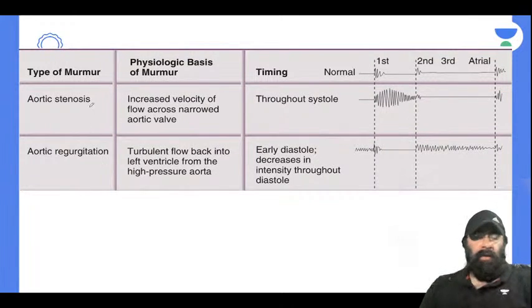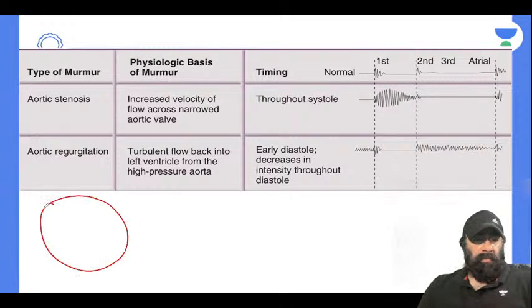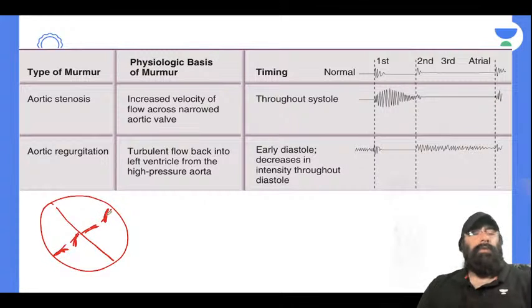Aortic, three particular. So whenever we are talking about a murmur, you can remember this particular image of the heart, and there are four chambers.